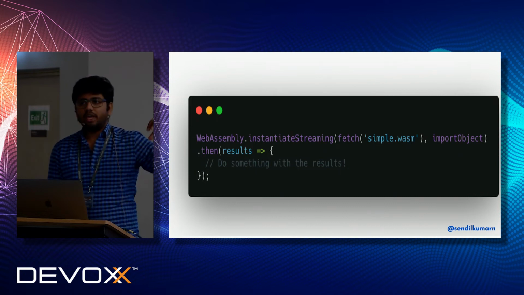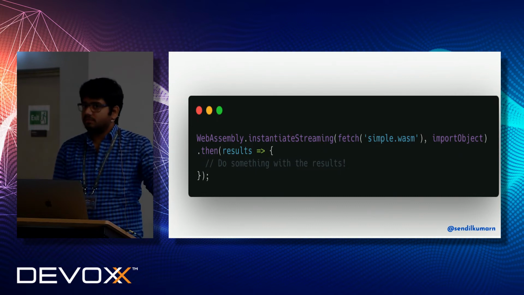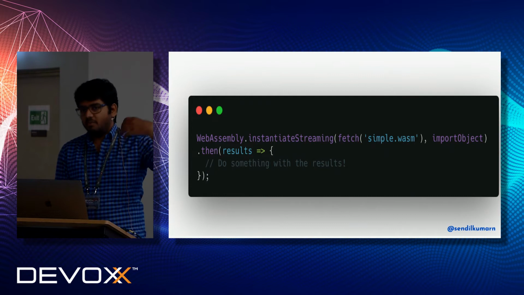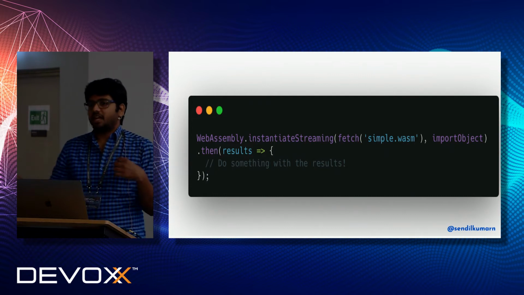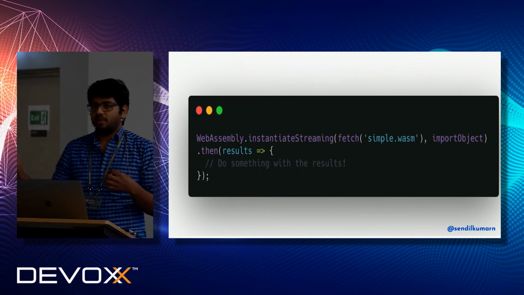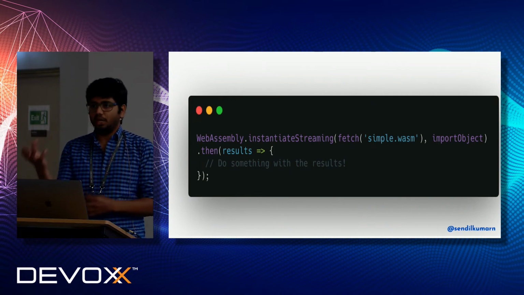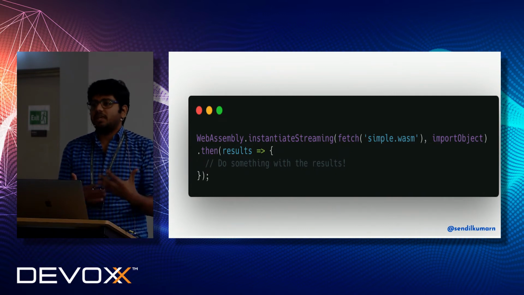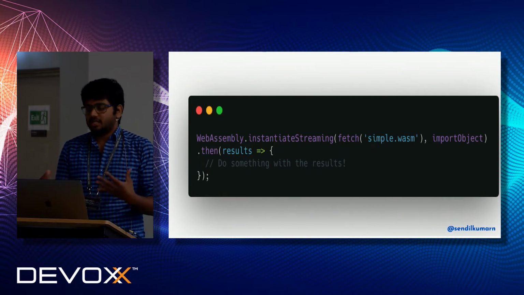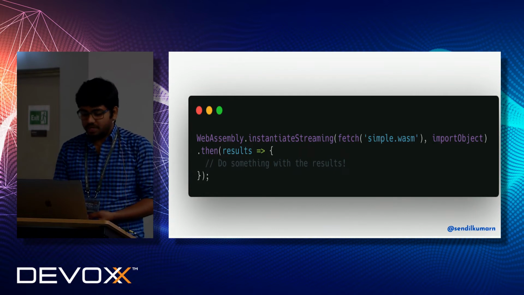If you're downloading a 100 KB WebAssembly module, at the very moment you get the first byte of information, it will be compiled and then instantiated. So instantiate streaming helps you speed up WebAssembly execution even further. That's the awesome thing about instantiate streaming.